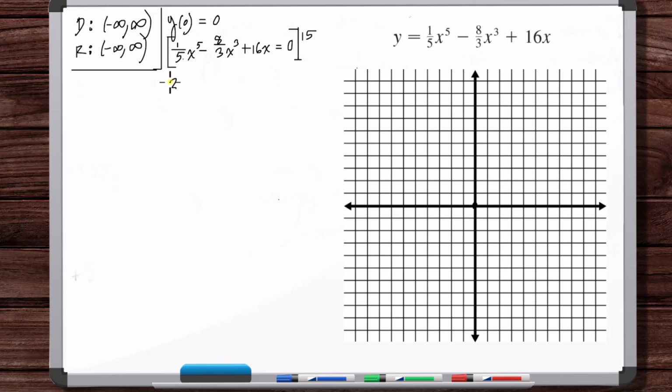So we've got 3x to the fifth minus 40x cubed plus 240x is equal to 0. Now let's factor out an x. So x is equal to 0, which we already knew from here.